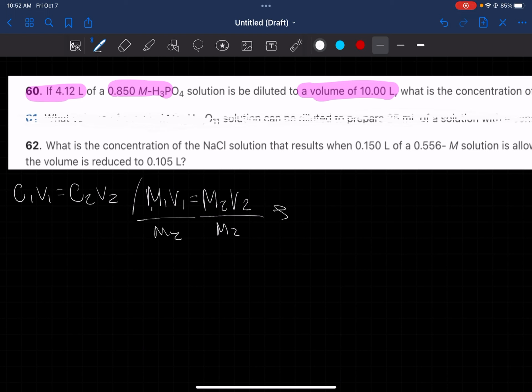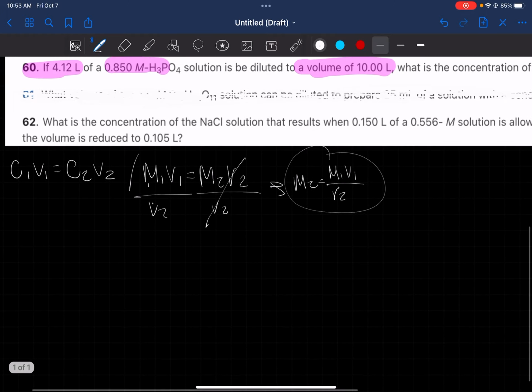So the equation is M2 equals M1 V1 over M2. Oh, I'm sorry, no, it's V2. You divide this by V2 to get rid of it. Okay, that's your equation.